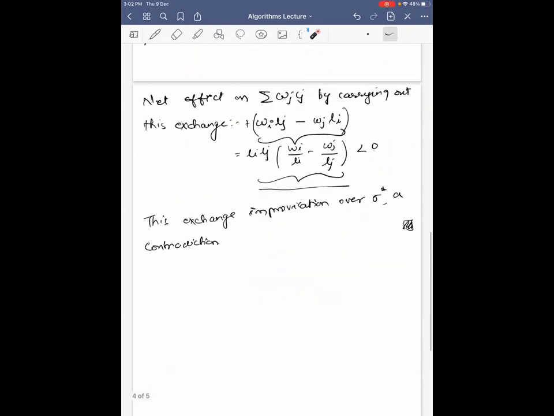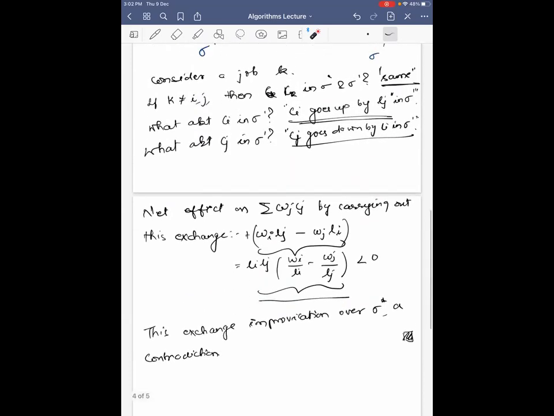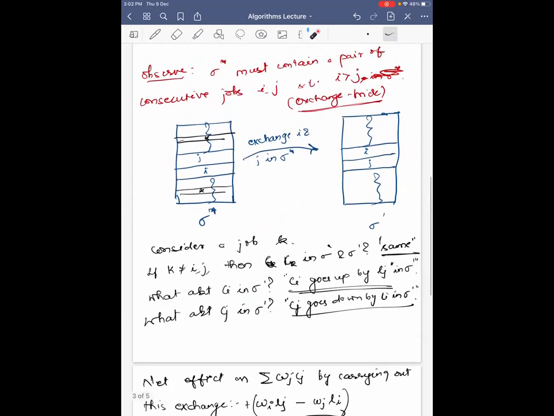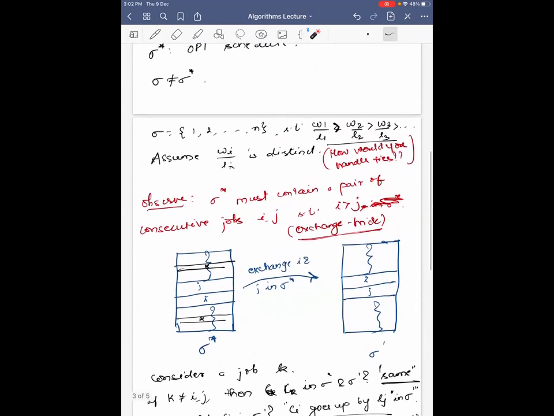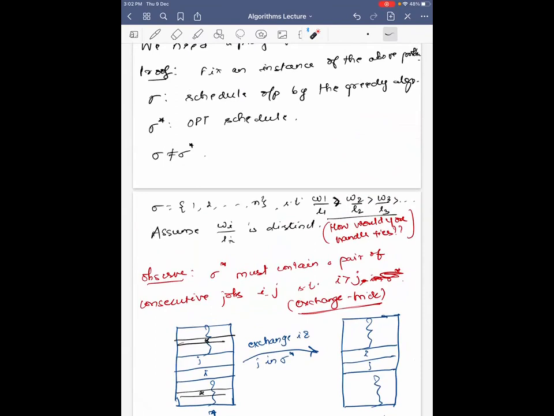And also, if W3 by L3 is lesser than W2 by L2 is lesser than W1 by L1, then it's not necessary that W3 by L3 plus L1 will be lesser than W2 by L2 plus L1. We can just think of an example where, let's say, W1 was 100 and L1 was 9. So this is the first job that we will schedule.